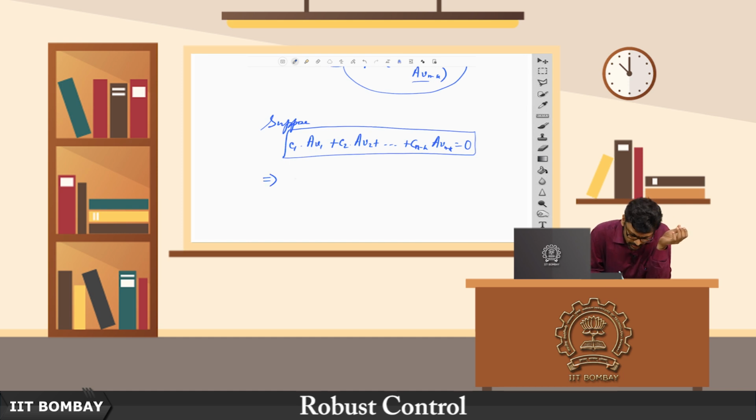So let us see. This means that A times (c1 v1 plus c2 v2 plus till c(n minus k) v(n minus k)) is equal to 0.